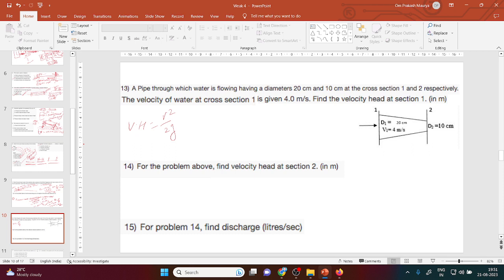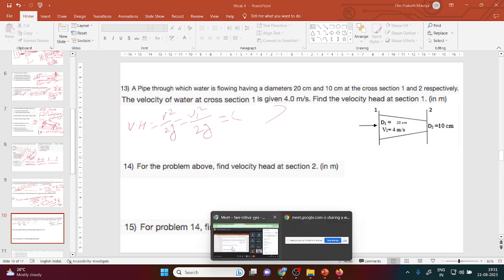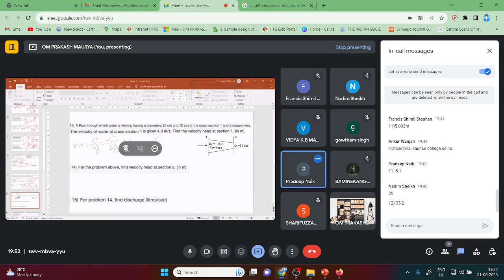At section 1, which means v1 square by 2g. What is v1? Already v1 is given in the question, 4. So you just put it in the formula and calculate the answer. Write your answer in the chat box, please. Anyone please solve the question.